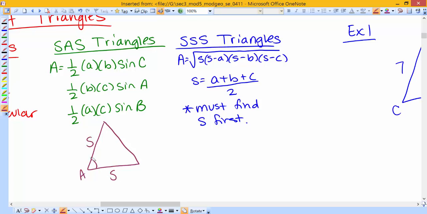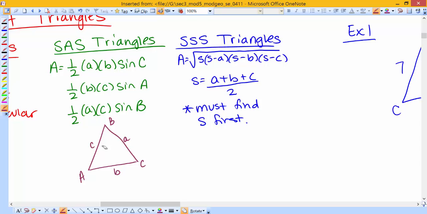The 2 sides you're given, you must know the angle between, which is why if I set up a triangle for labeling it as my formula is, with A, B's, and C's, I can now go through the process of identifying, okay, what sides am I given? What angles am I given?